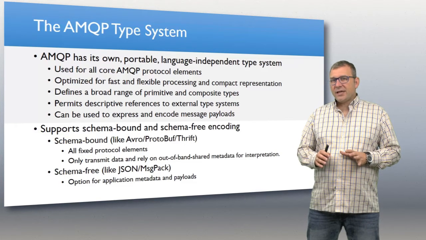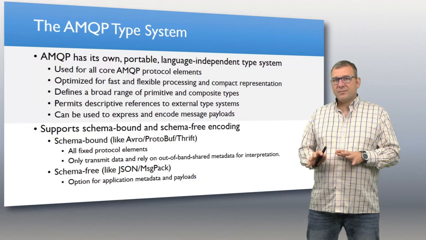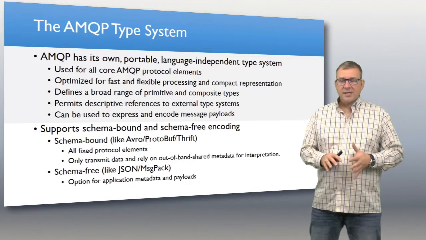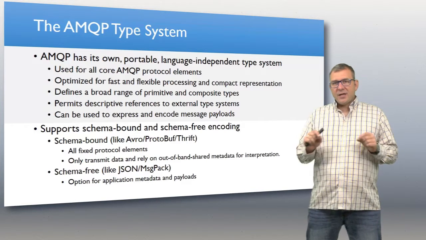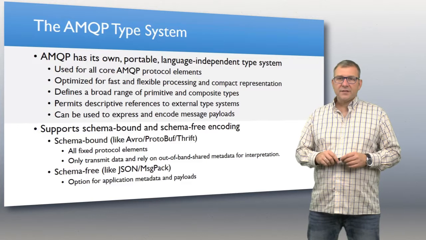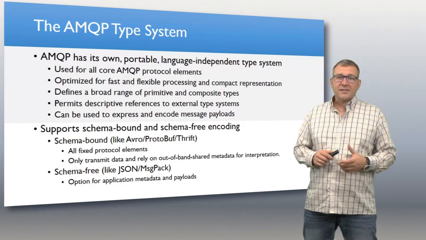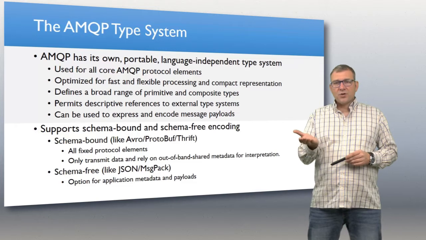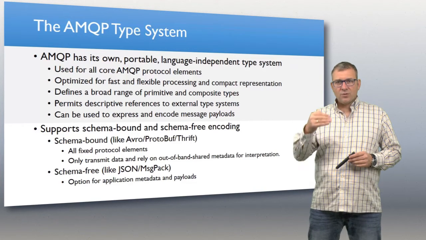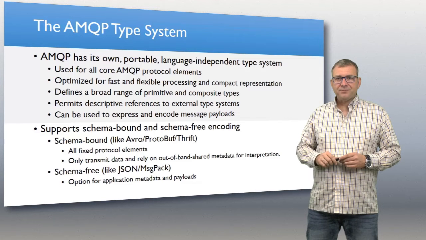AMQP is interesting in that the type system and the wire representation can be used in one of 2 ways. It can be used in a schema-bound fashion, like Avro or Protobuf or Thrift or many of the classic RPC protocols, where you have an external schema that you need to look at to know what each data element means.